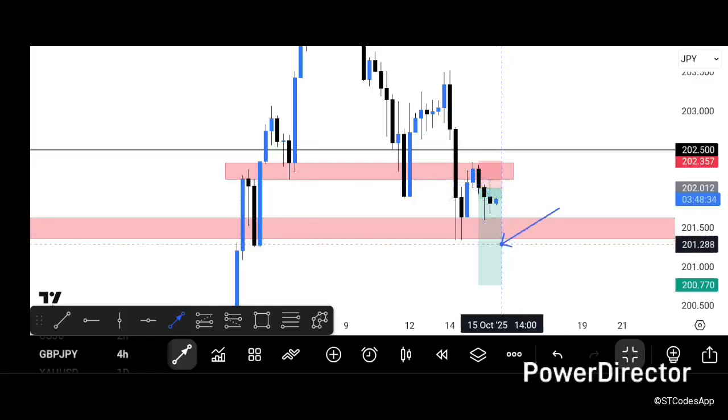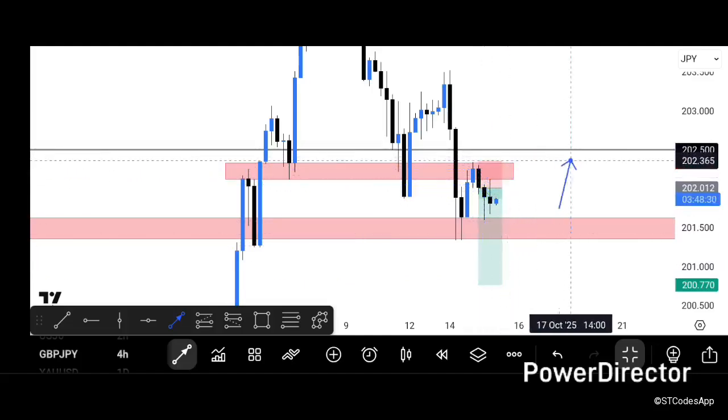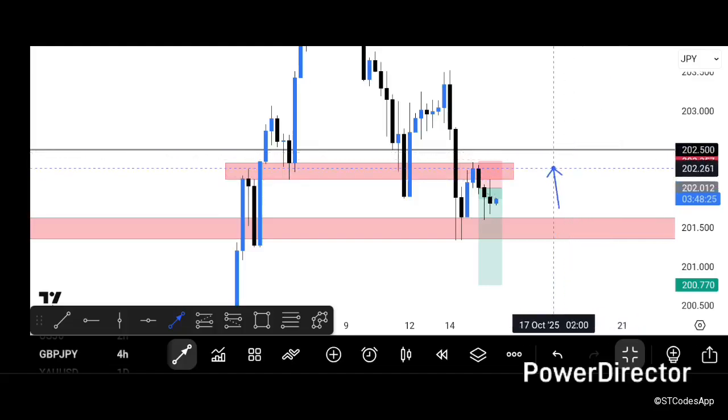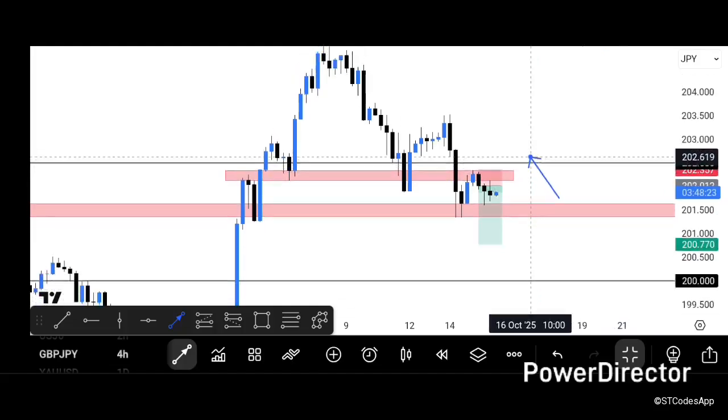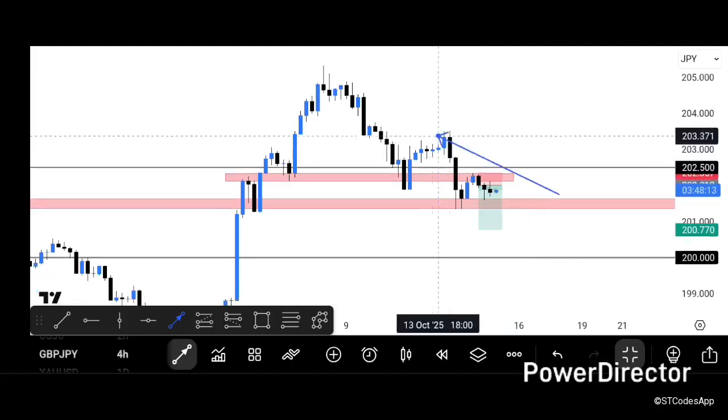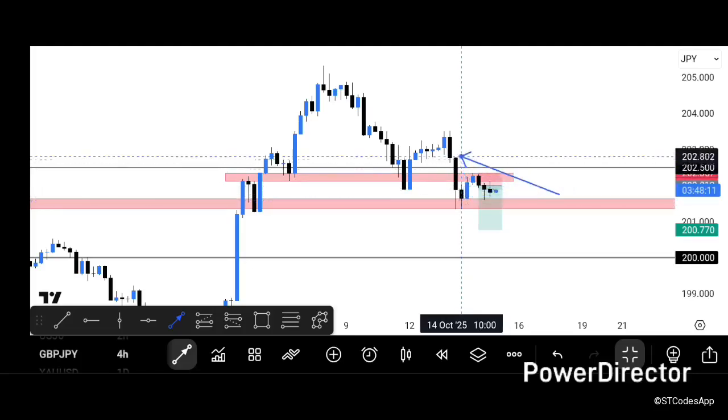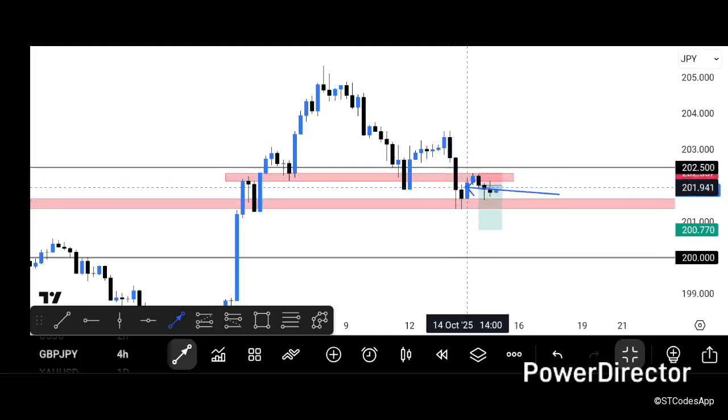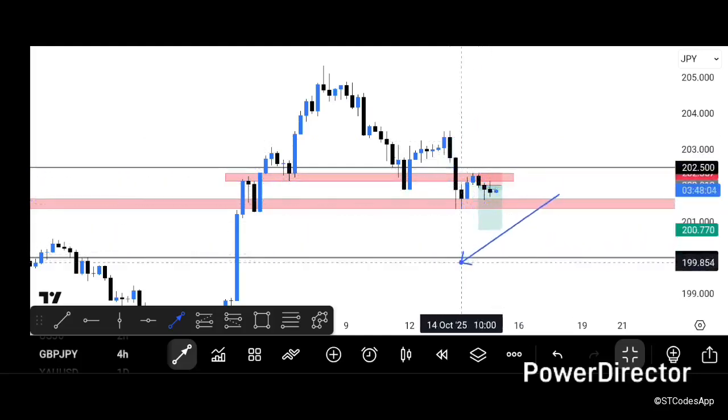So yes, we are anticipating price to come back lower to here, and also we are under this psychological zone, this quarterly level 202.500. We know that price moves in quarterly levels and moves from one psychological zone to another. So since we are under this zone, probably price is going to move from 202.500 down to the 200 zone flat.